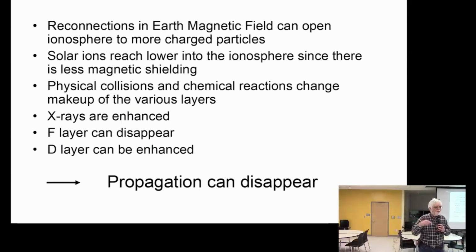And because it's the D layer that's causing all the absorption, your higher frequencies come back first. So if you get an alert that there's a solar flare, you might try the higher frequencies first when it comes back.